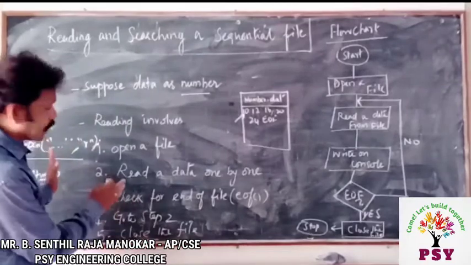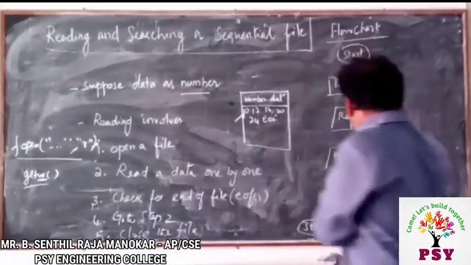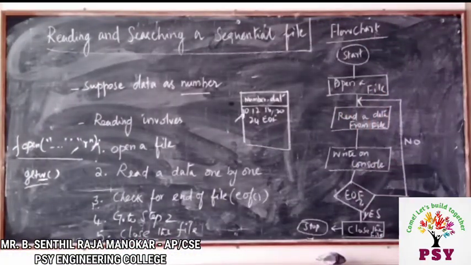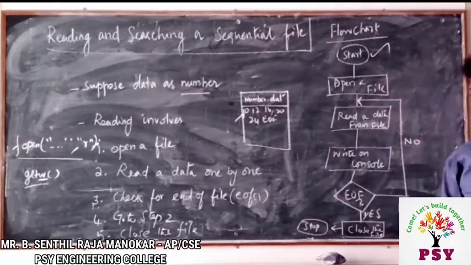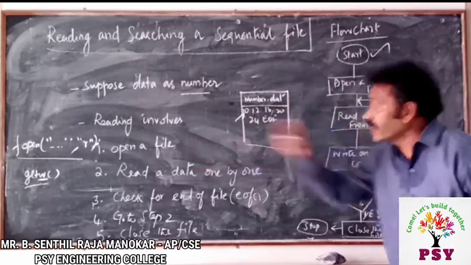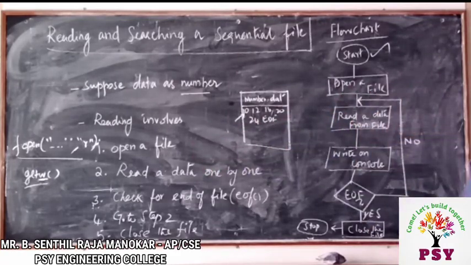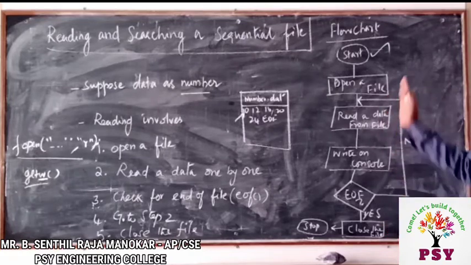The same process I will explain with an illustration, that is nothing but a flow chart, for your understanding. So the first step, we have to start. Then we have to open a file, that is the first step. Once you open it, then we have to read the data. So again I will write the code for your understanding simultaneously.